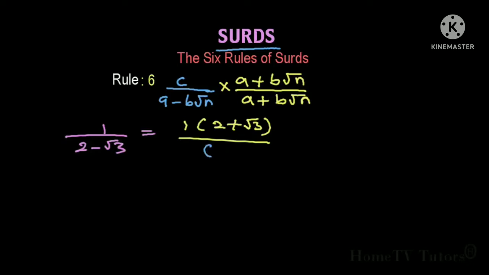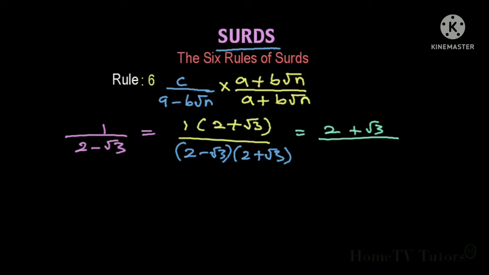All right, so we have 2 plus square root 3, okay, then 2 minus square root 3.